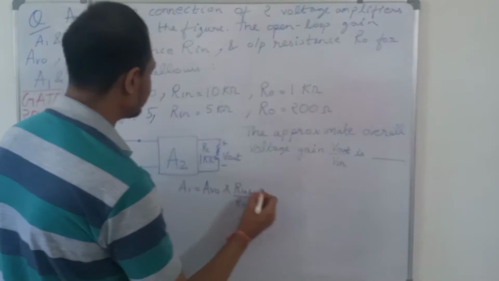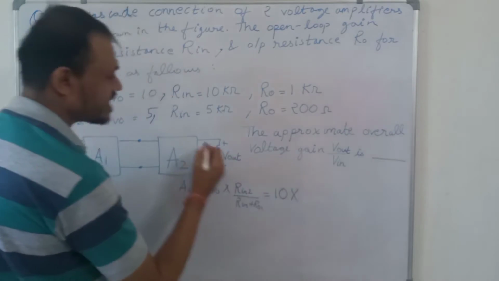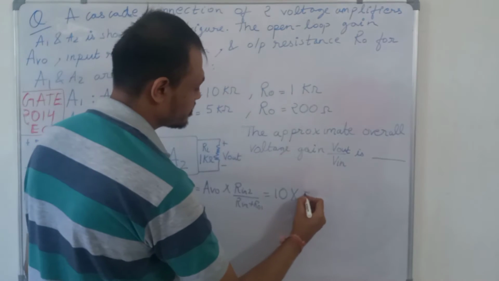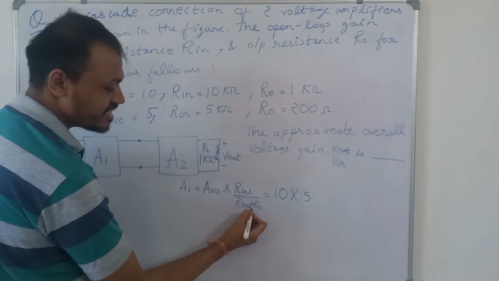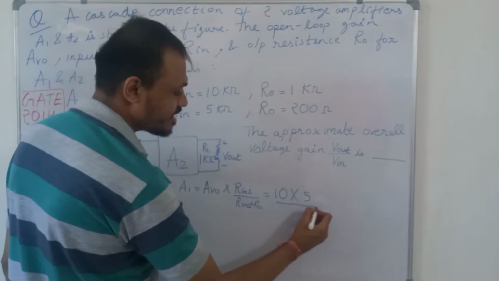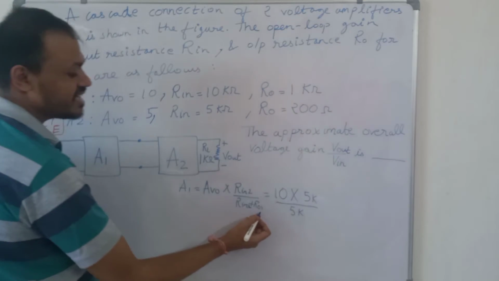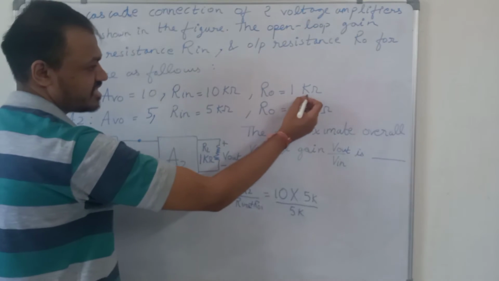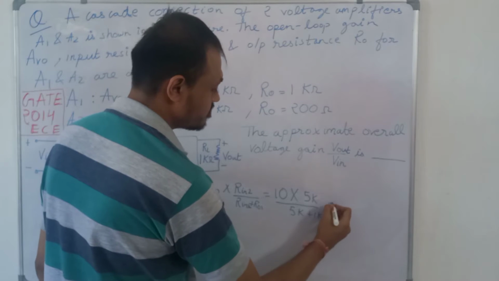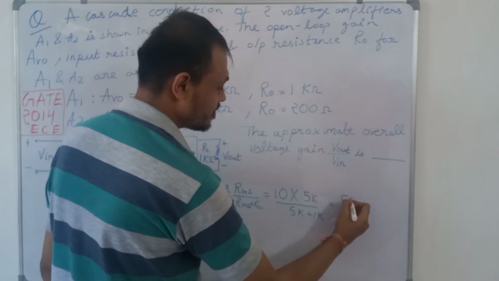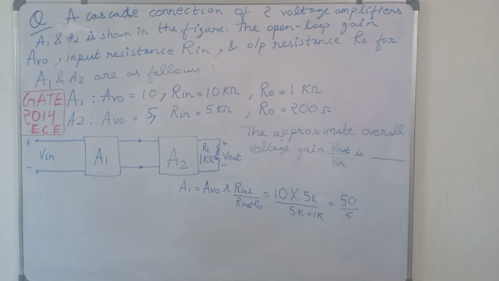AV naught is given to us as 10 and input resistance of the second stage is 5 kilo ohm, upon 5 kilo ohm plus the output resistance of the first stage, which is 1 kilo ohm, so plus 1k. So this will be equal to 50 upon 6. So A1 we have found out to be 50 upon 6.